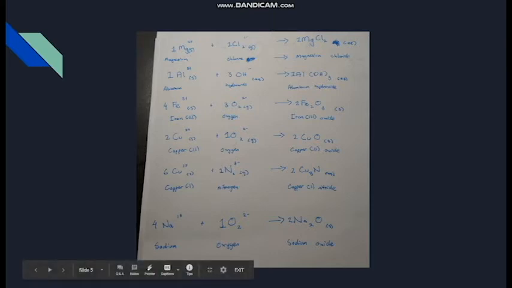The diatomics, most of them are going to be in the gaseous state, so chlorine, nitrogen, oxygen, that sort of thing. Hydroxide is going to be in an aqueous state, meaning that it's soluble in water. And when we take a look at the compounds that are formed with synthesis, we can see that most of them are solid as well.